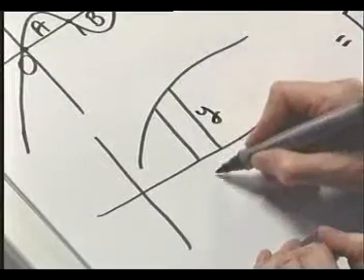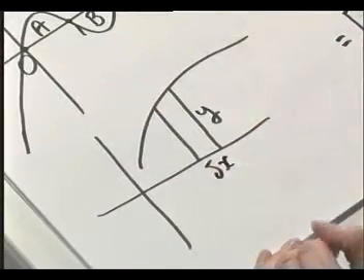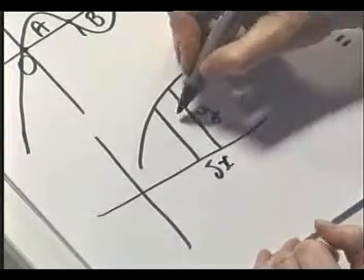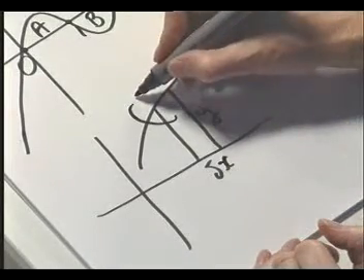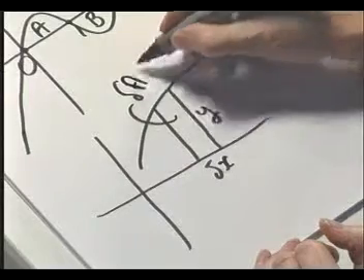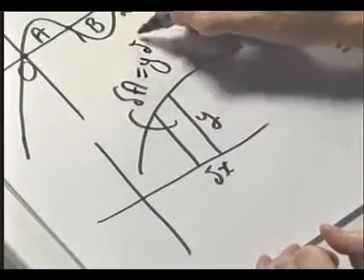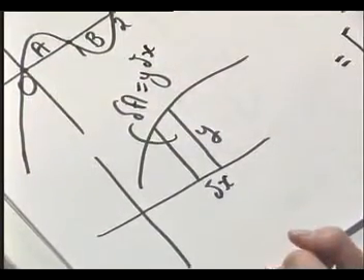And these small strips were of height y and thickness delta x. And so the little bit of area that they represented, delta A, was y times delta x.